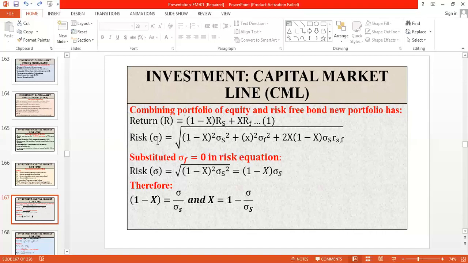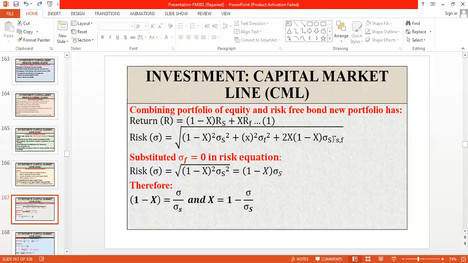Next, we are calculating the risk of these two combined securities. Here again, we will apply the Markowitz formula. The formula is x square into sigma x square plus 1 minus x square into sigma s square plus 2 into x into 1 minus x into the covariance of the equity share portfolio and the bond.